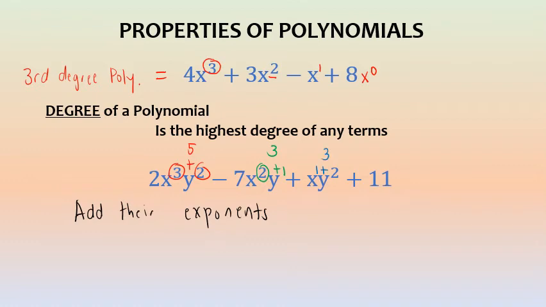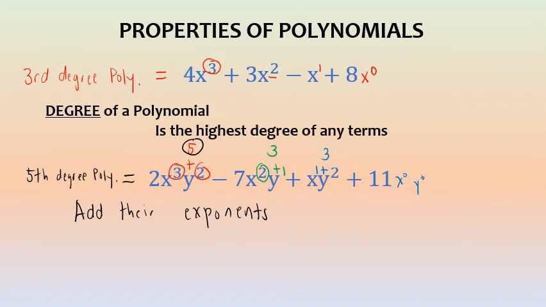And your 11, ang exponent niya is, it can be x raised to 0 or it can be y raised to 0. So any of these, not 1 lang yan. So among these exponents, 5, 3, and 3, which is the highest? So that is 5. Therefore, the degree of this polynomial, 2x cubed y squared minus 7x squared y plus xy squared plus 11 is 5. Or we can say this is a 5th degree polynomial.